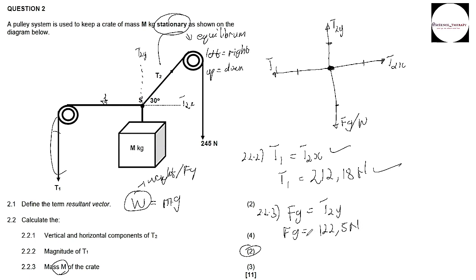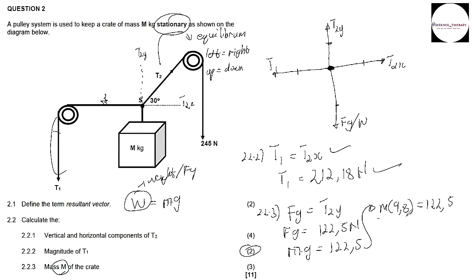Now to calculate our mass, we can break down Fg to mass times gravitational acceleration, which is 122.5. So that's m times g, where g is gravitational acceleration, always 9.8, equal to 122.5.